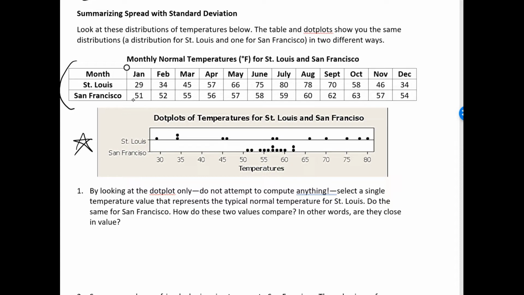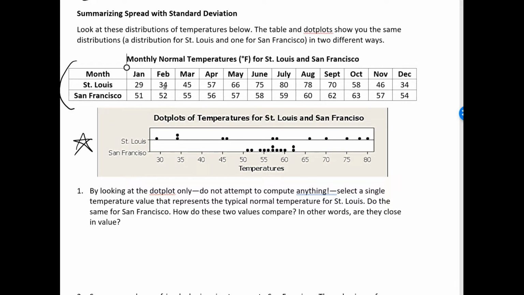So we can see in San Francisco in January, monthly normal temperature 51, in February 52, in March 55, April 56, right? So we can see those values for San Francisco in that bottom line. And again, we have 12 data points, one for each month for each of these two cities.